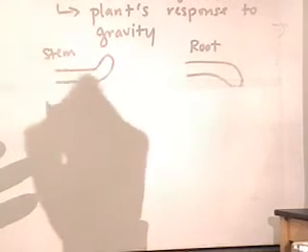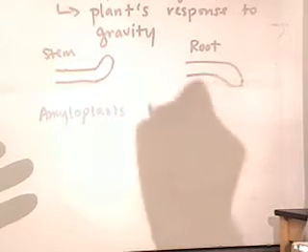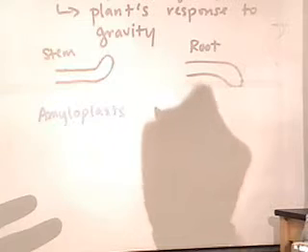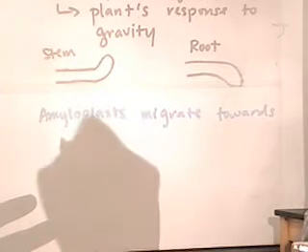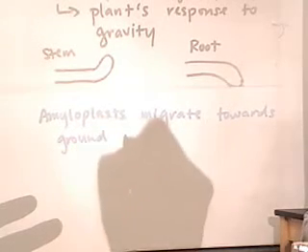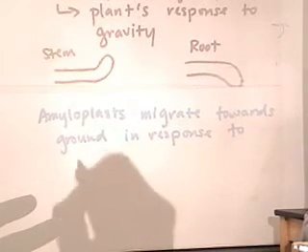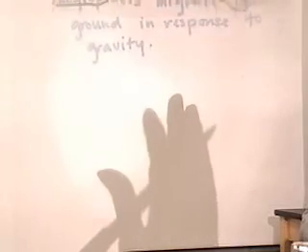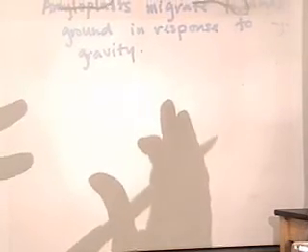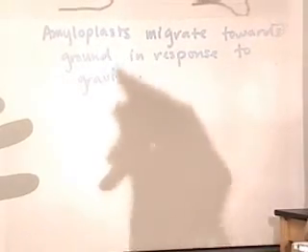What happens is amyloplasts would be drawn towards the ground, so they migrate towards the ground in response to gravity. And when they did that, they're kind of heavy. What they would do is they would push on the endoplasmic reticulum.